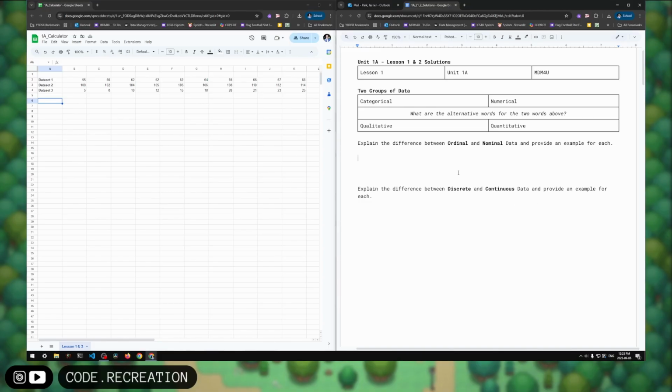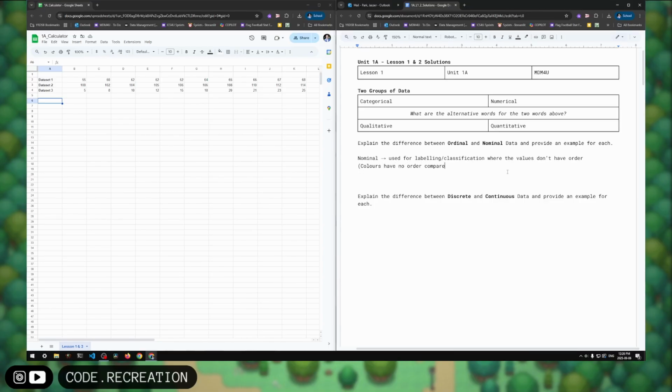Explain the difference between ordinal and nominal data. The nominal is used for labeling or classification, where the values don't have order. For example, colors have no order compared to each other.